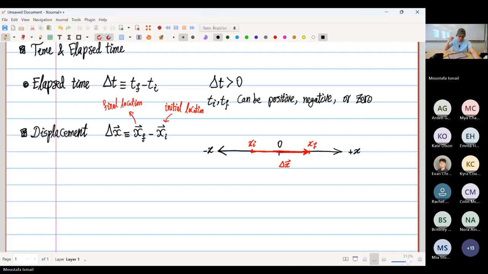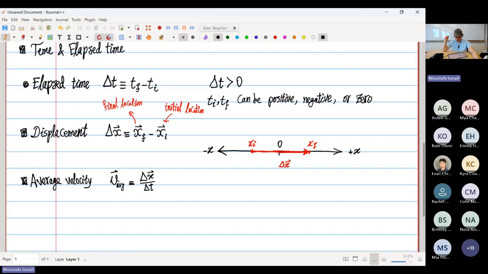good. With displacement and time, we use these two quantities to define the average velocity. So the average velocity is defined as displacement over elapsed time.